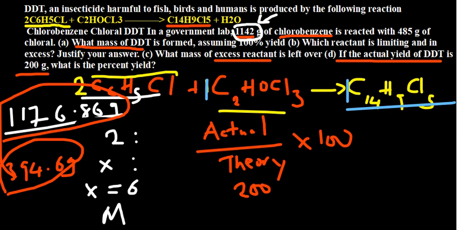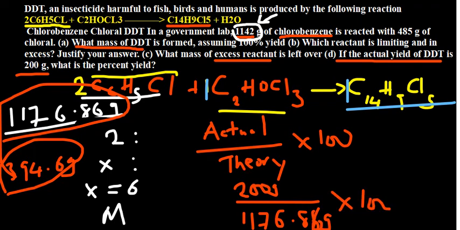The theoretical yield was 1176.86 as we calculated, also in grams, multiplied by 100. So grab your calculator: 200 divided by 1176.86 times 100. So we have 16.99.